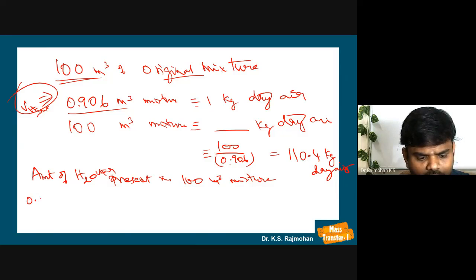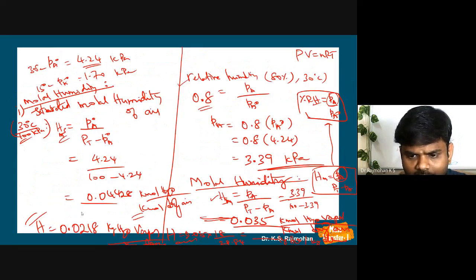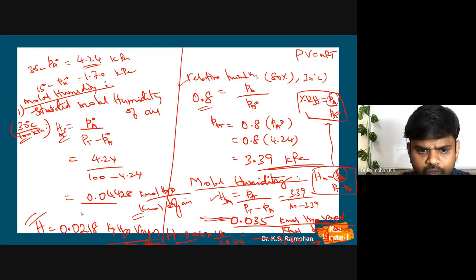We have 0.035 as the molar humidity, into 18 divided by 28.84. I think we have calculated that earlier. I am just re-verifying: 0.035 into 18 divided by 28.84 equals 0.0218. Yes, correct. 0.0218 we have.